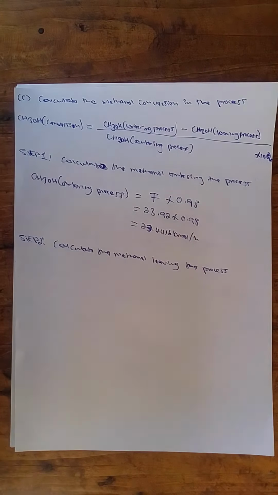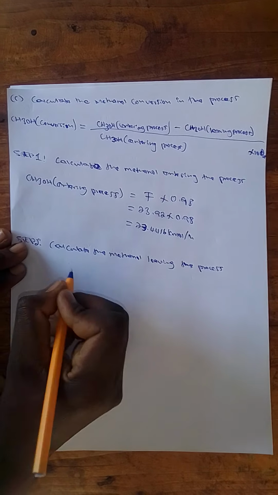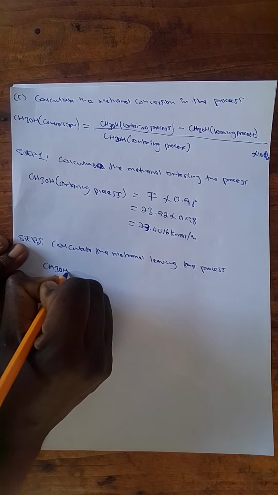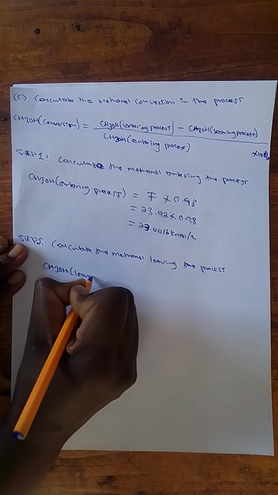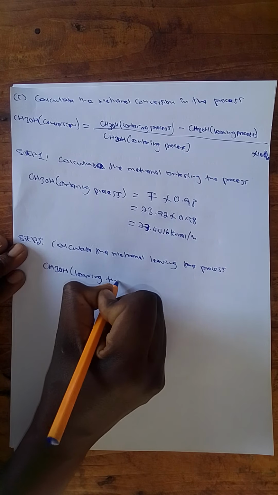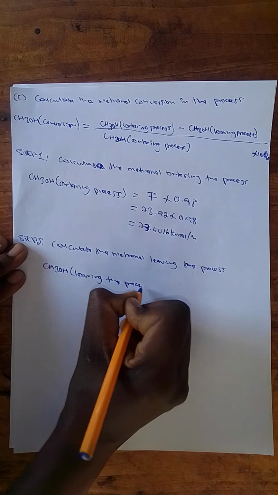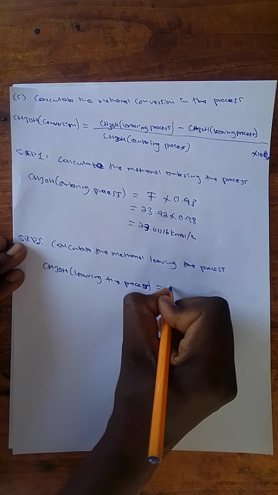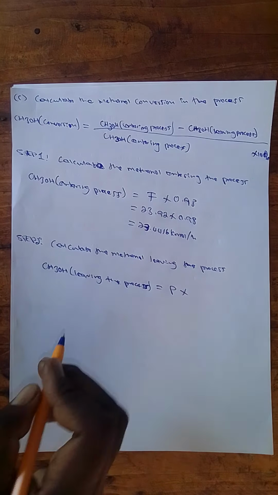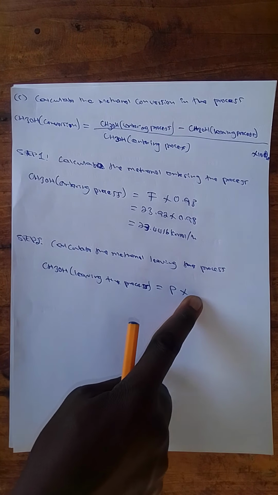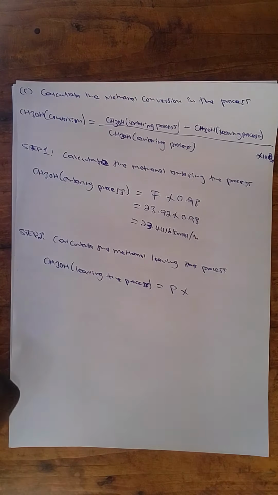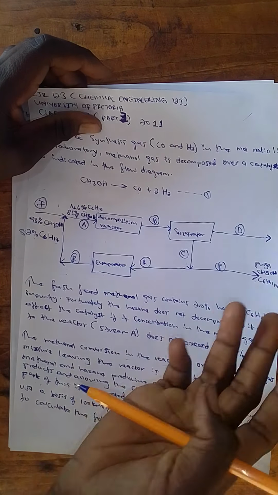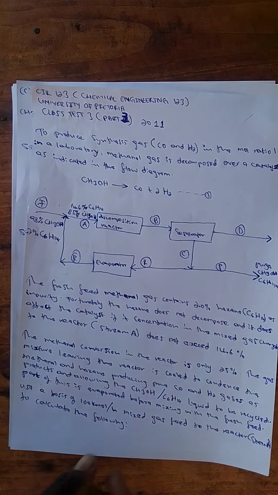So which means we can just say CH3OH that is leaving the process is equal to P multiplied by the mole fraction of CH3OH in it, and we calculated that in the previous questions.